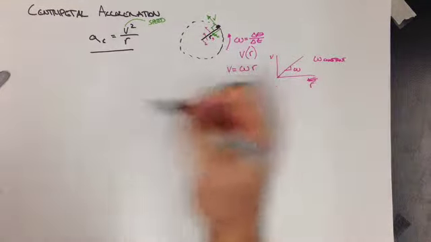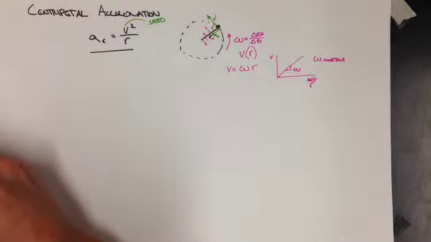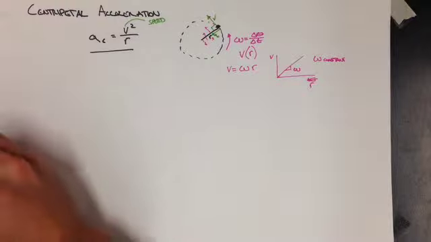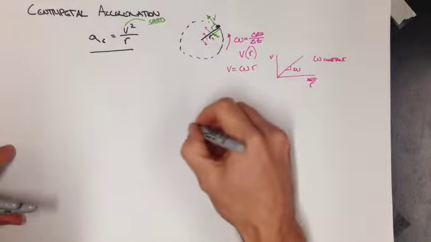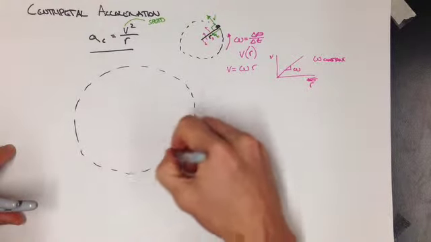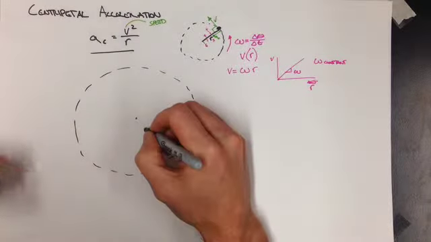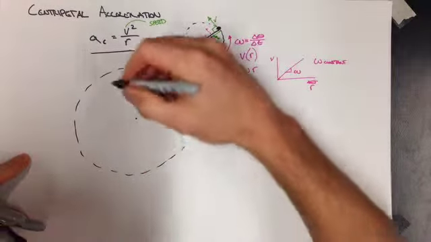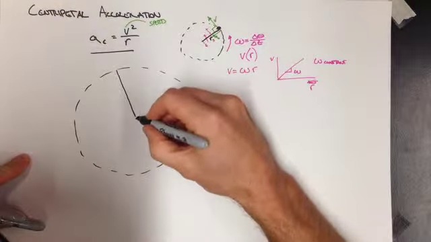But first we want to prove graphically the direction of the acceleration itself. We talked the other day about the direction of the acceleration being towards the center of the circle. Here's a circle, kind of. And I'll just draw two points.